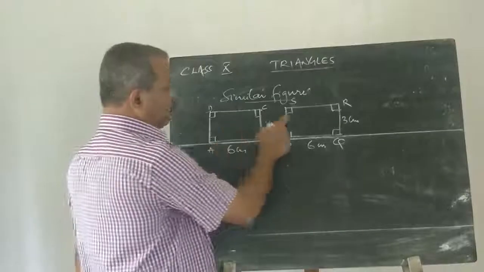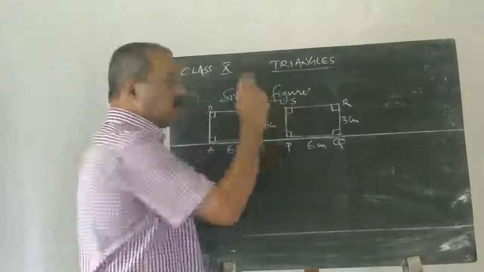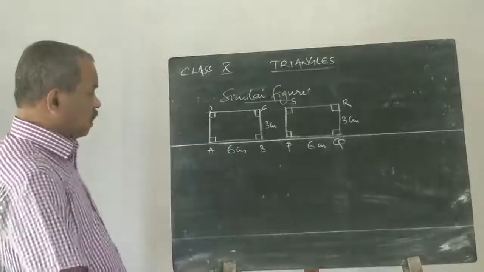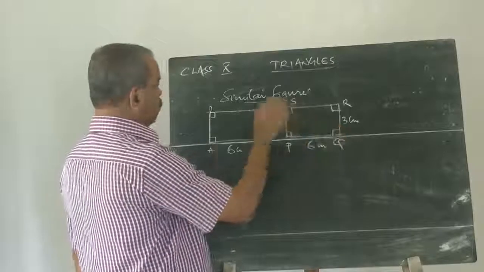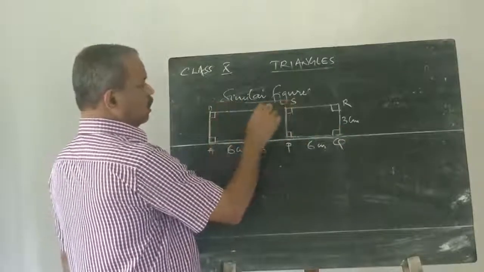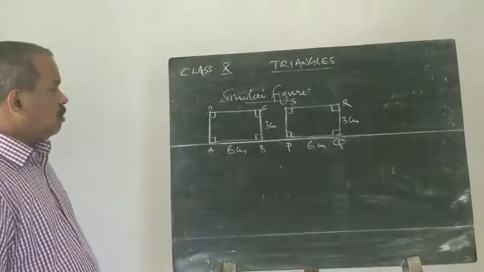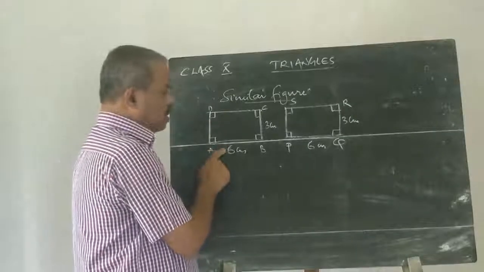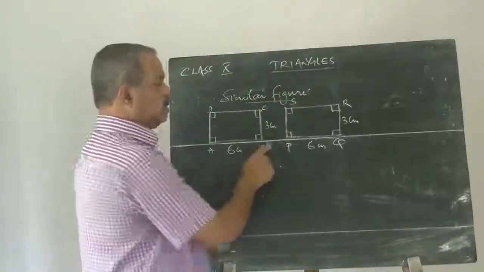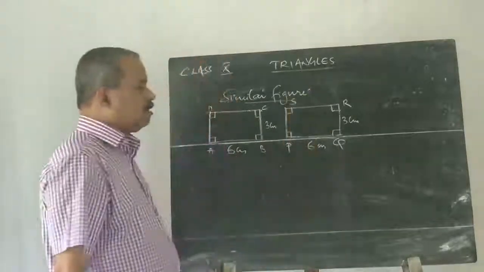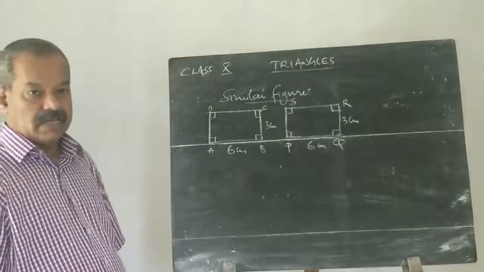They have the same number of sides. Their corresponding angles are equal. Corresponding angles mean A corresponds to P, B corresponds to Q, D corresponds to S, C corresponds to R. So the sides of rectangle ABCD and the corresponding sides of rectangle PQRS are equal, and corresponding angles are equal.